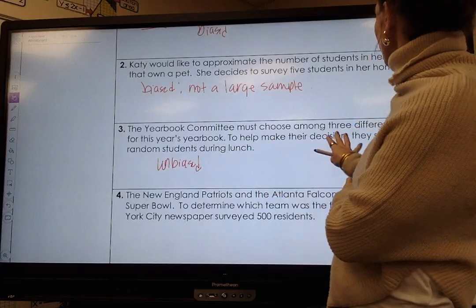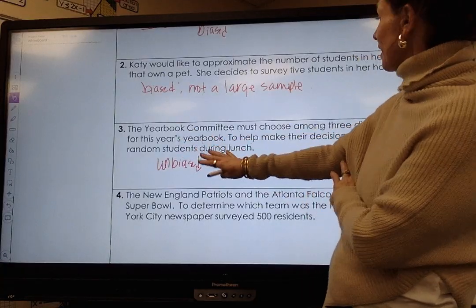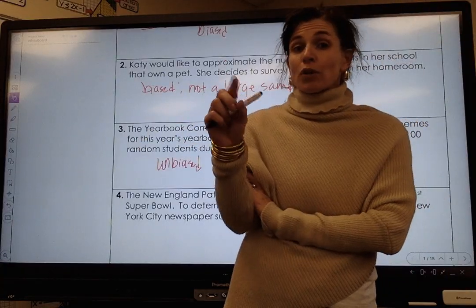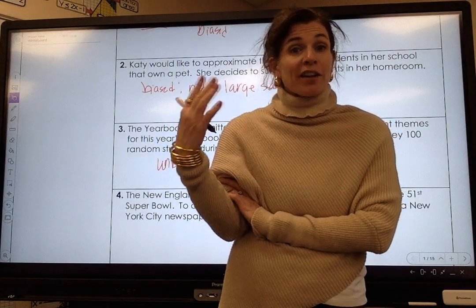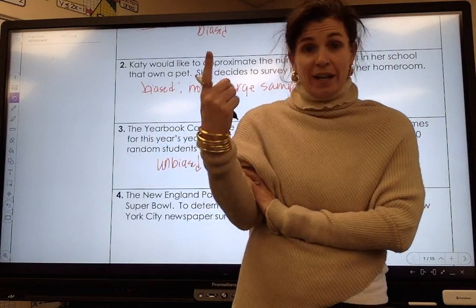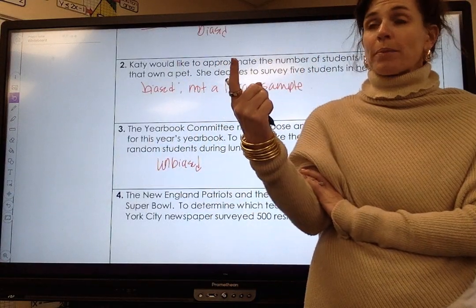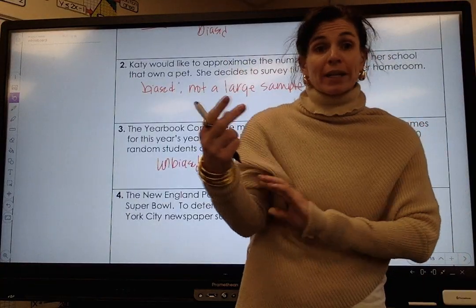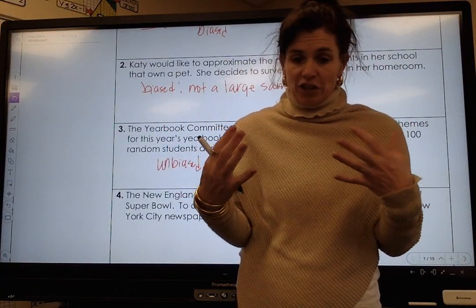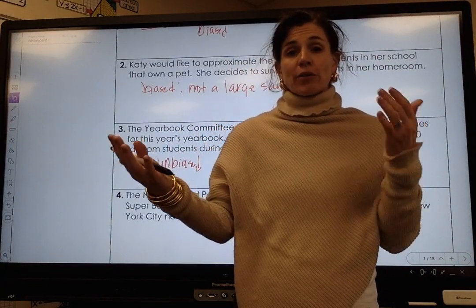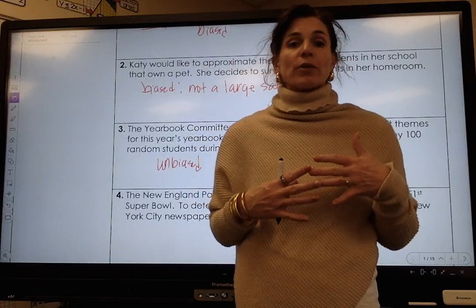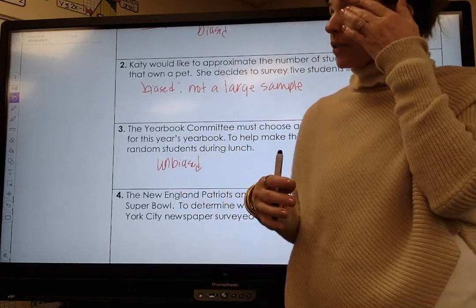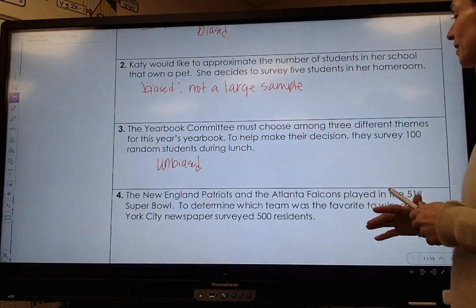Yes, it's a school, and they're choosing themes for this year's yearbook. We're looking at everybody coming in at lunch. Everybody has to go to the lunchroom, so that is representative of the larger population. It's selected at random because everybody has to eat lunch. And it is large enough to provide accurate data because there's 100. 100 is a good sample size. So that is unbiased data.